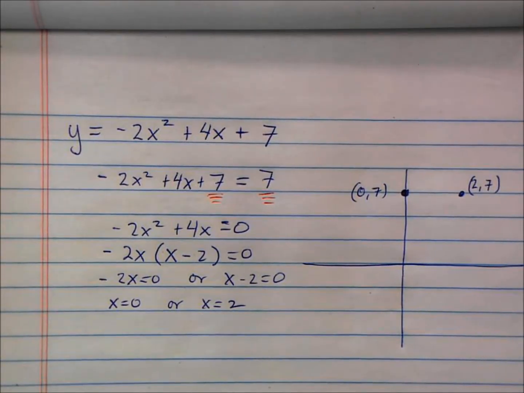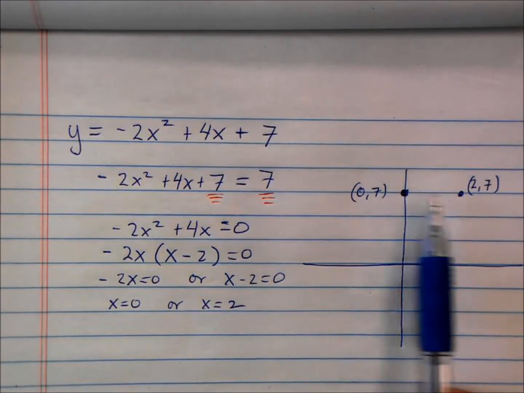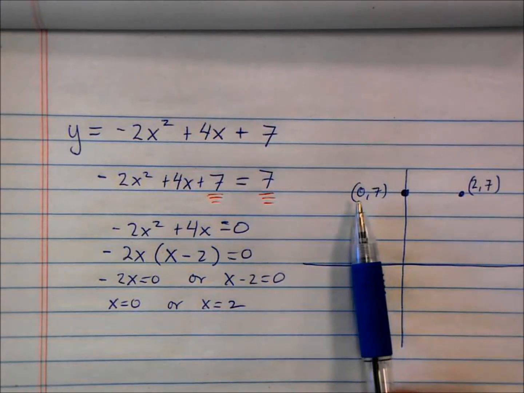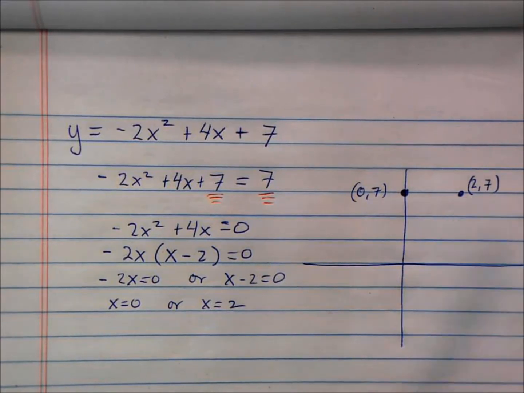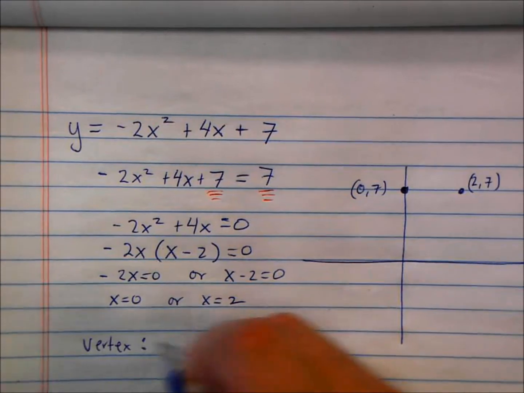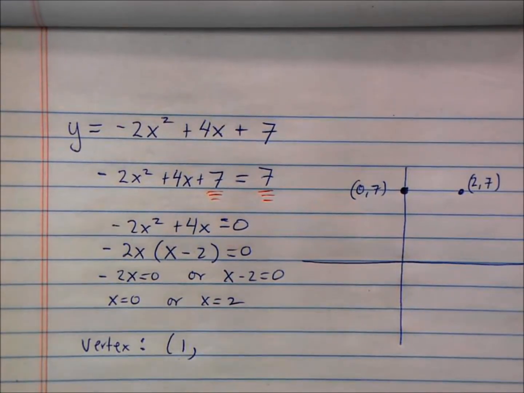So there's 2 points on our parabola, 2 points that are exactly at the same height. They both have y equals 7. So where's the vertex going to be? Halfway in between. What's halfway between 0 and 2? 1. So our vertex is going to happen at x equals 1.